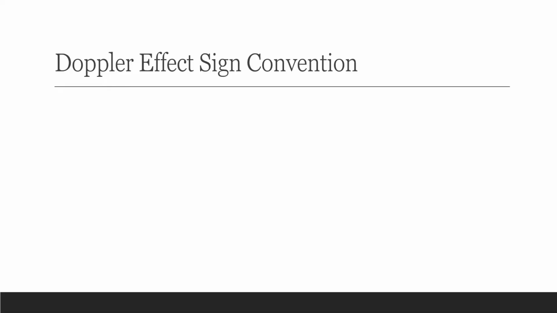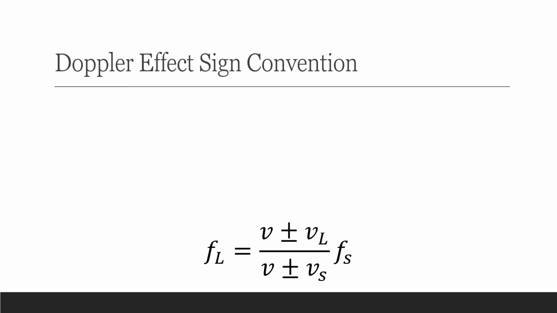Now we will go to the sign convention of our equation for the Doppler effect. Recall that the equation is given by this expression here. When are we going to use plus VL or minus VL? When are we going to use plus VS or minus VS?